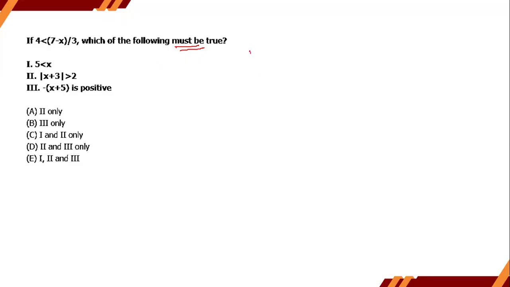So we have 4 is less than (7 minus x) by 3. The first step is we will simplify this. In order to simplify, we can multiply this inequality by 3 to get rid of the denominator, and this multiplication will not even flip the sign of the inequality because 3 is a positive number.